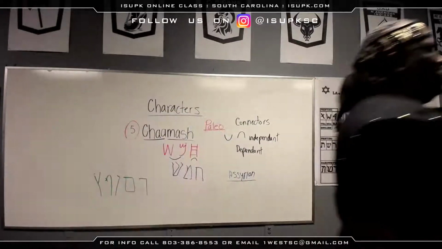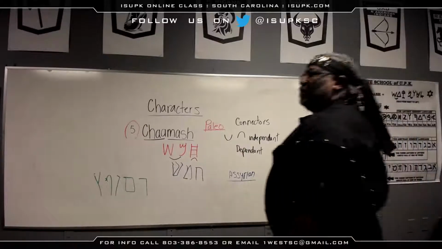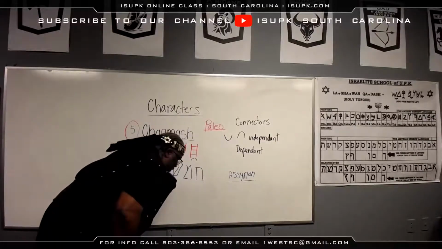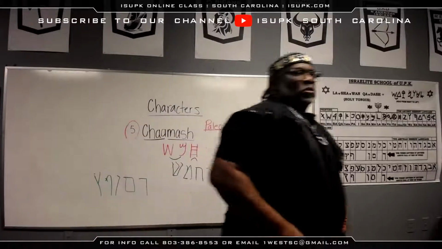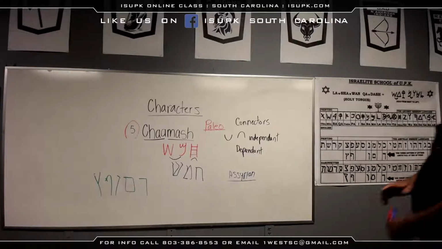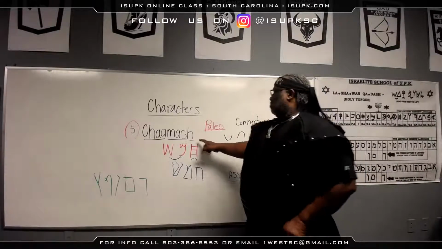Let's see. Did you write that down here? No, you didn't. Okay. What we got? Did I do that? Oh, let's see what you got here. Okay, good. Yeah, it is exactly right. It's Qadash.